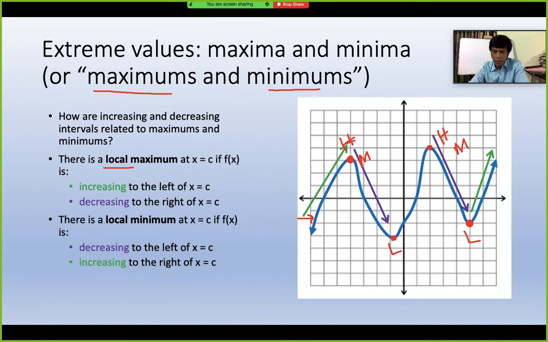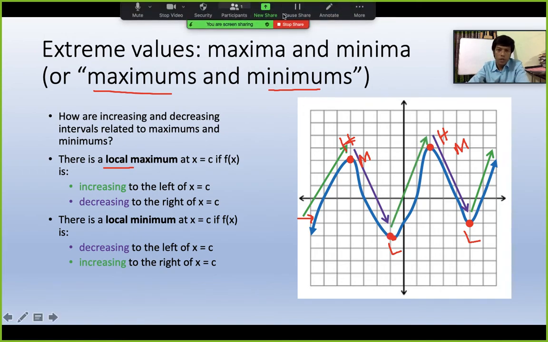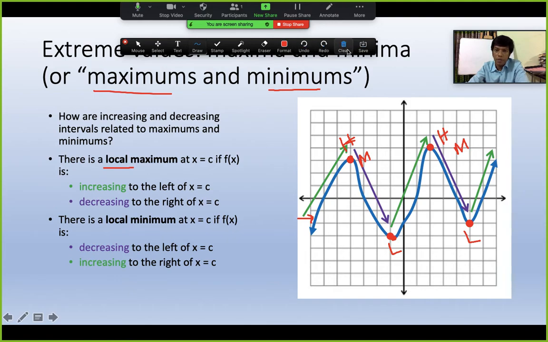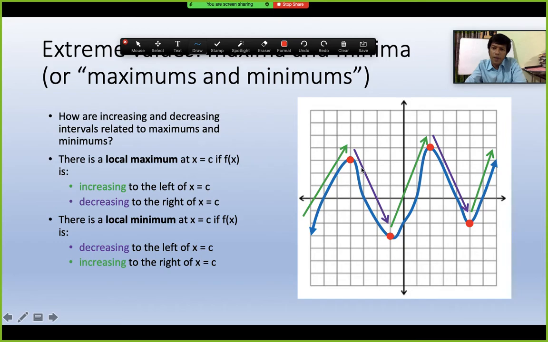Let me give you one more important piece of information about local maximum and minimum. Suppose I ask you, where is the local maximum? You will tell me, sir, there are two local maximums. This point is one maximum, and this point is another maximum.